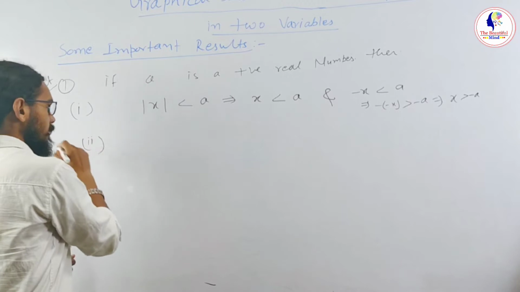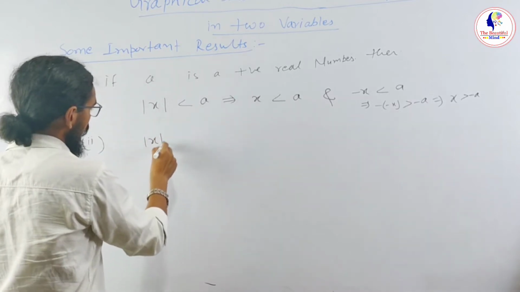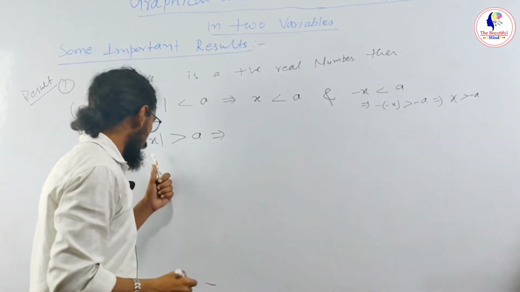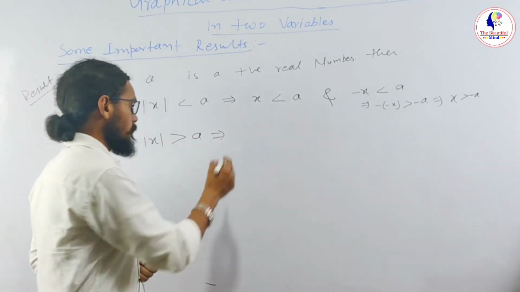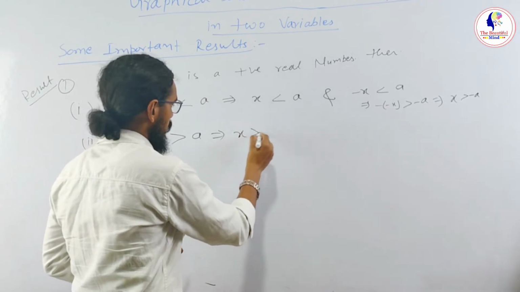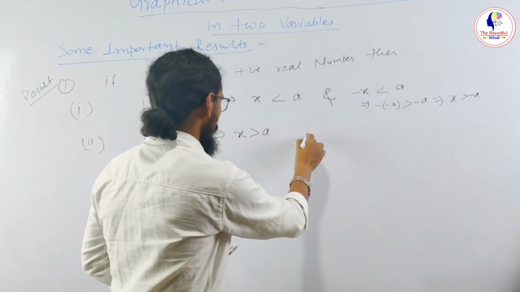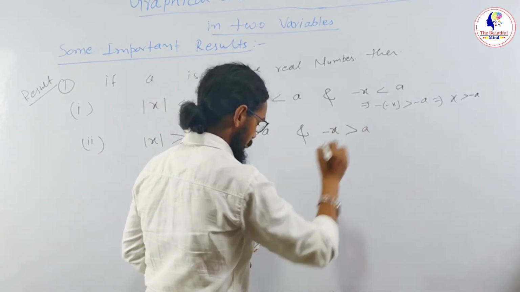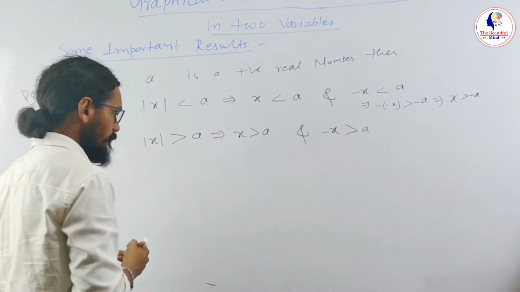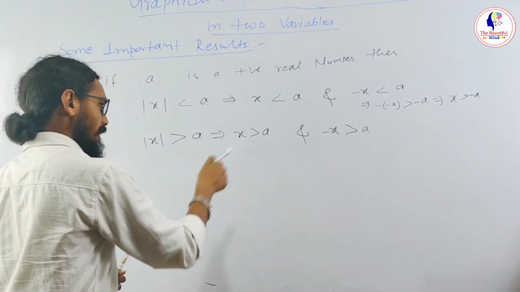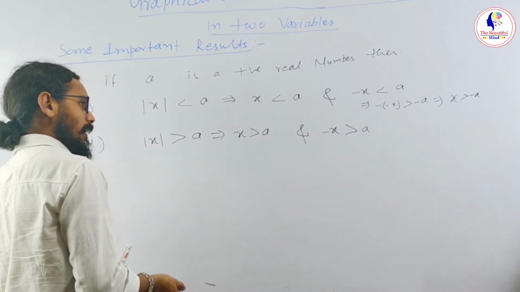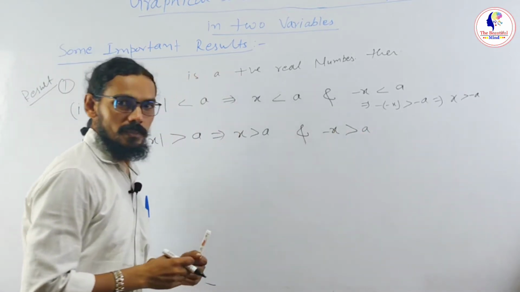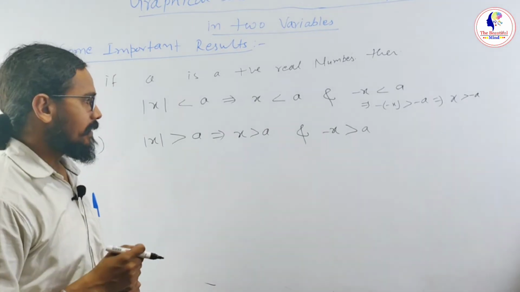Similarly, the second result we can see: if modulus x greater than a, this implies, as it is modulus x, plus x greater than a, it's obvious, and now minus x greater than a. But minus x is negative and a is positive. So how can negative be greater than positive?